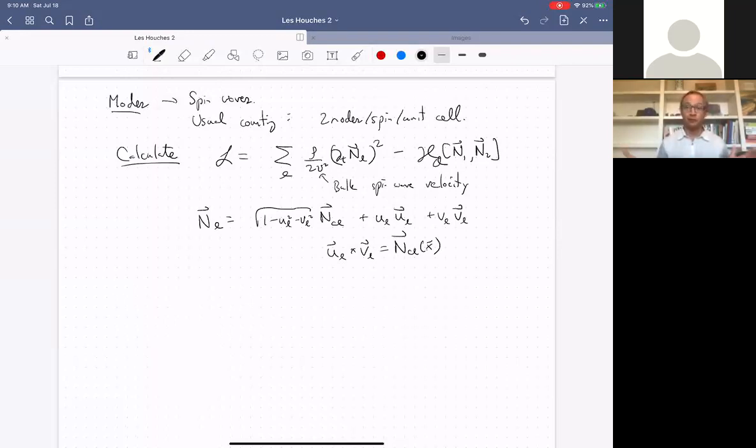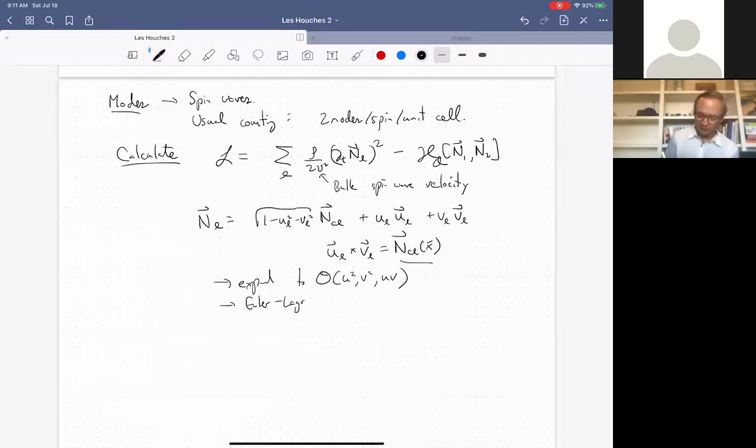So we have to solve for the classical ground state, solve these partial differential equations that obtain this, and then we construct an orthonormal basis. Plug this in, expand it to quadratic order, u squared, v squared, uv. That gives the Lagrangian and the corresponding Euler-Lagrange equations. They describe the spin waves, and there are some wave equations.